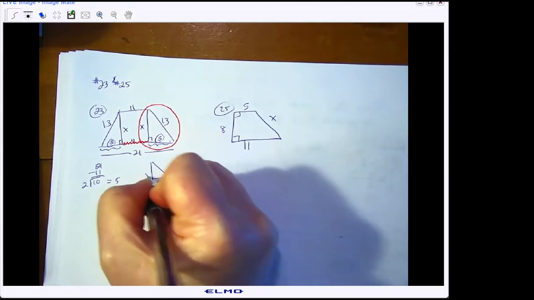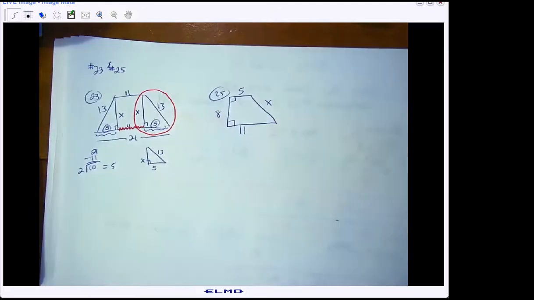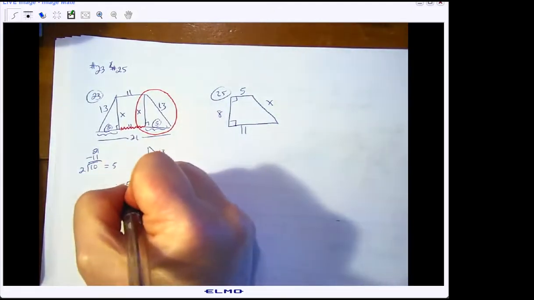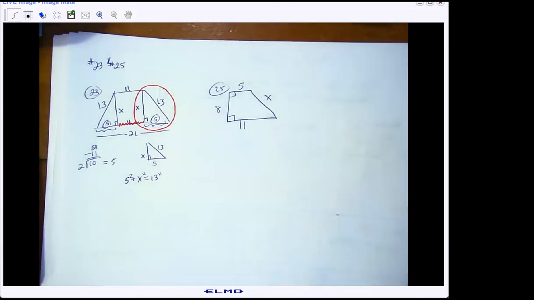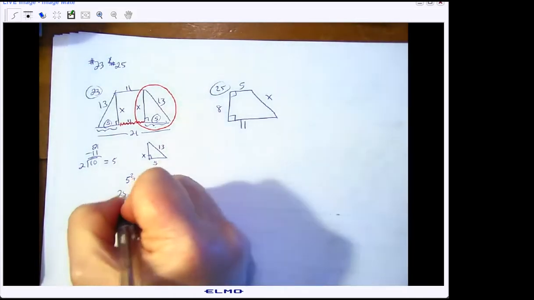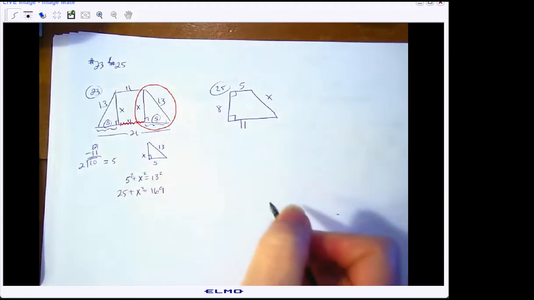So we have 5, x, and 13. So we would have 5 squared plus x squared equals 13 squared. So 25 plus x squared equals 169.